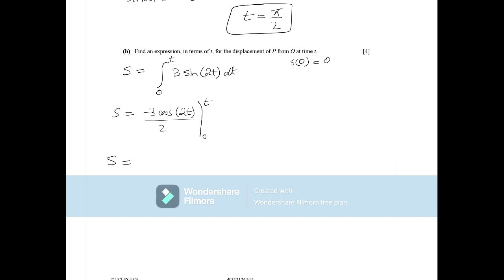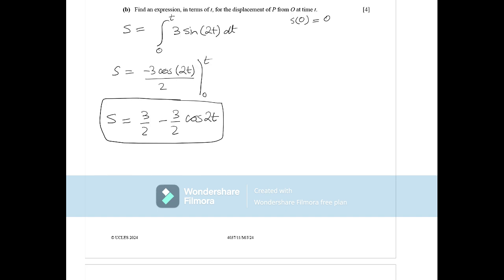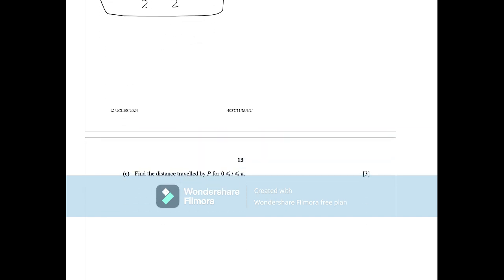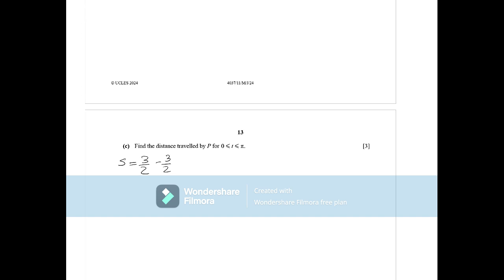Put in the limits, you get your answer 3 by 2 minus 3 by 2 cos 2t. This is the expression. Find the distance traveled by P from 0 to 5 seconds. We know the displacement expression 3 by 2 minus 3 by 2 cos 2t.